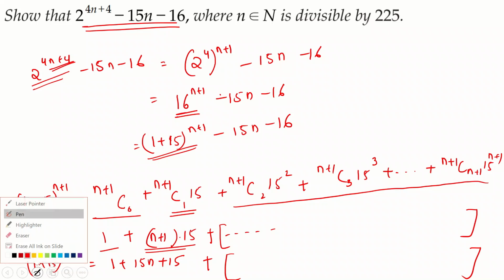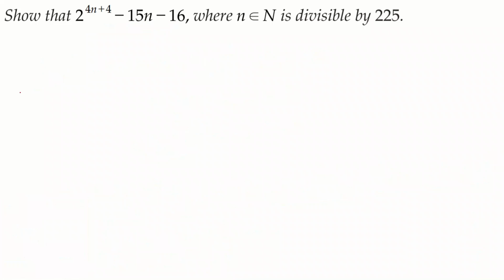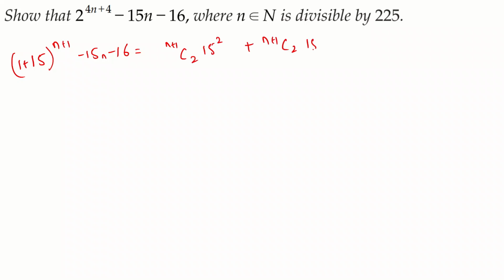Okay, let me erase some stuff. So 1 plus 15 to the power of n plus 1 minus 15n minus 16 is equal to n plus 1 c2 15 square plus n plus 1 c3 15 cube plus all the way up to n plus 1 c n plus 1 15 to the power of n plus 1.